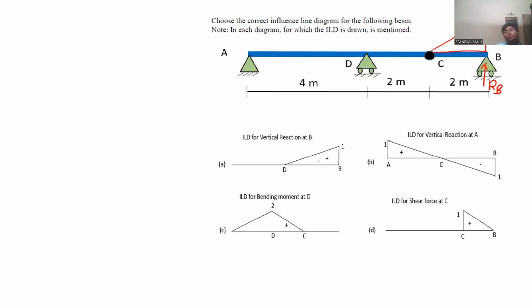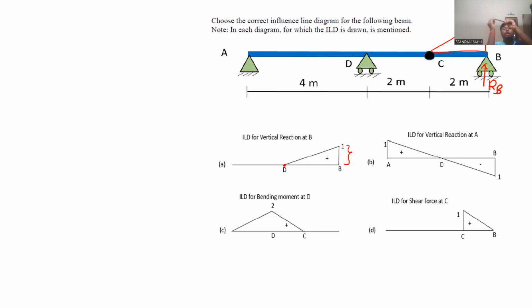But what they have shown is that this is the unit lift, but it goes till point D. But there is a bending release, and when you try to lift point B, there is no resistance against bending.